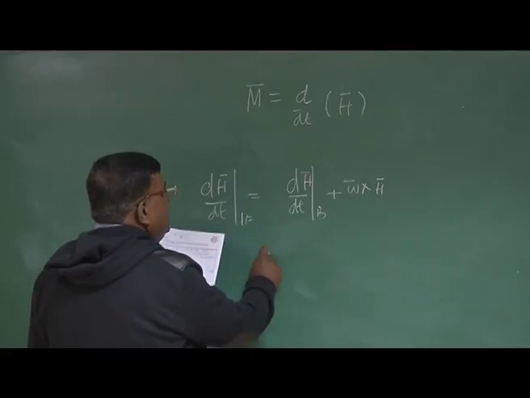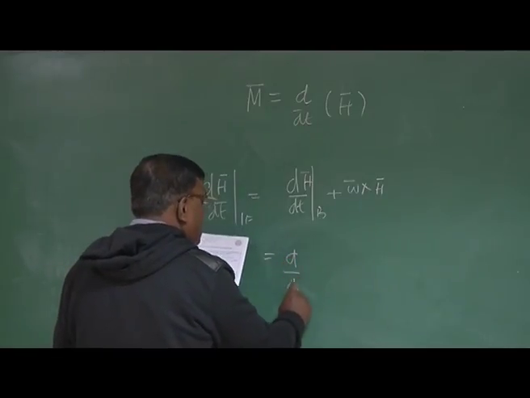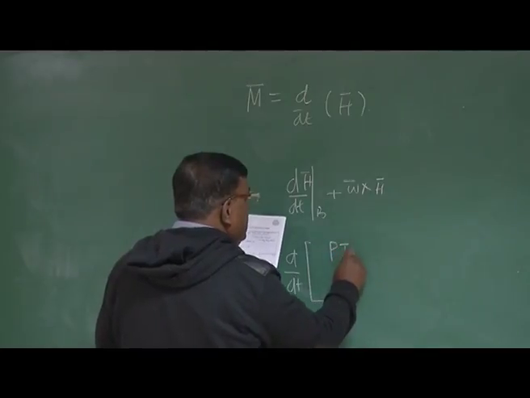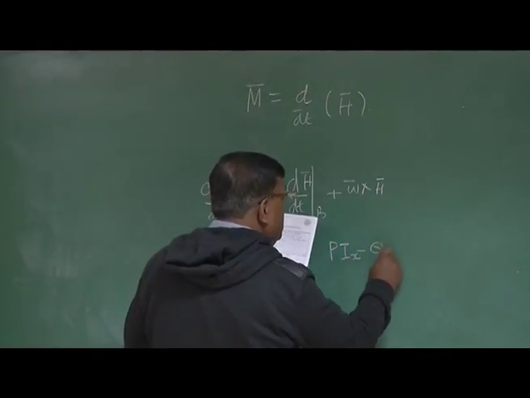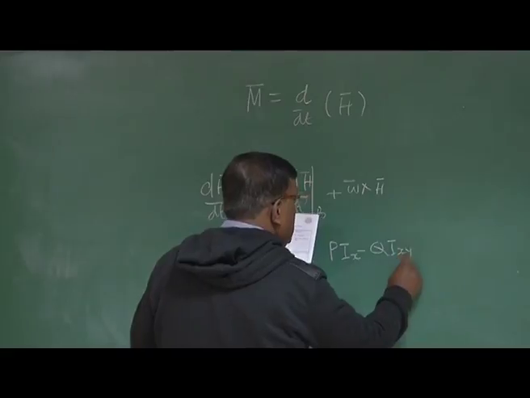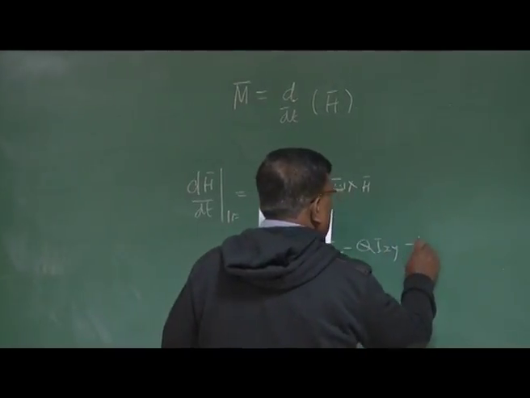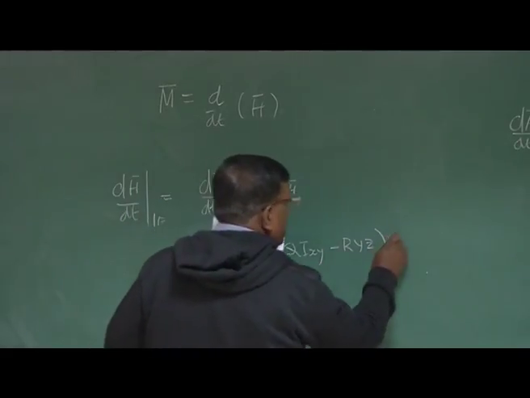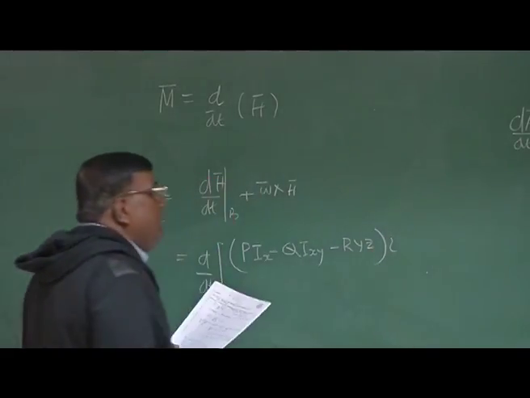So I will simply write this as d by dt of, let me write, p Ixx minus q Ixy minus r Ixz, and this is now in the body frame, times i prime.